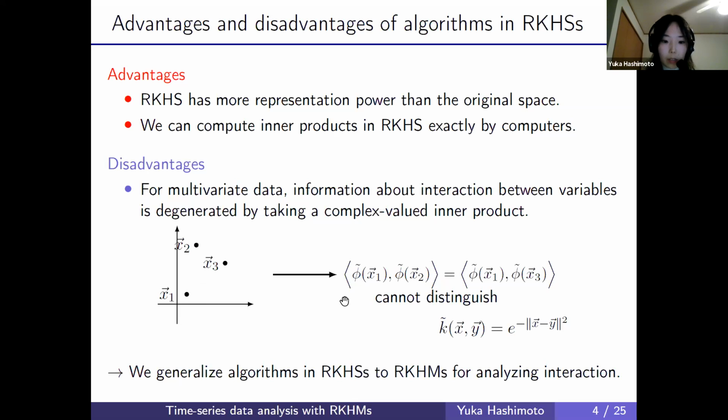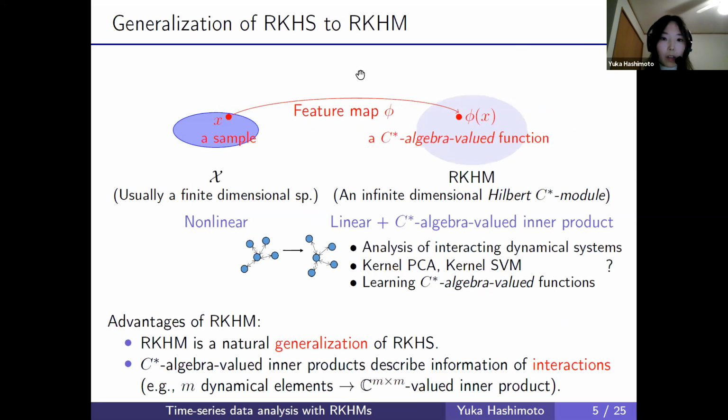So we consider generalizing algorithms in RKHS to RKHMs, reproducing kernel Hilbert modules, for analyzing interaction of variables of multivariate data. In the framework of RKHM, a sample x is transformed into a C-star algebra-valued function.